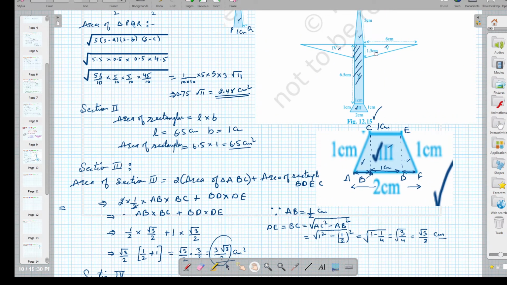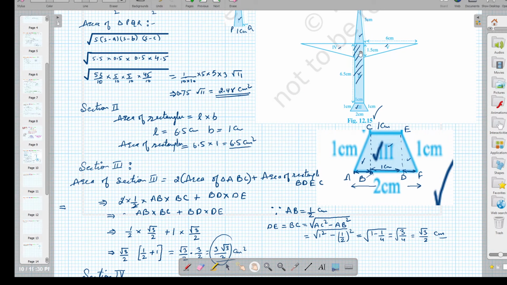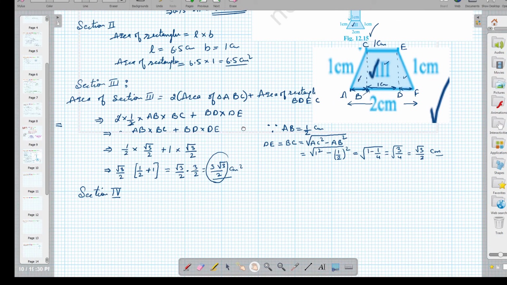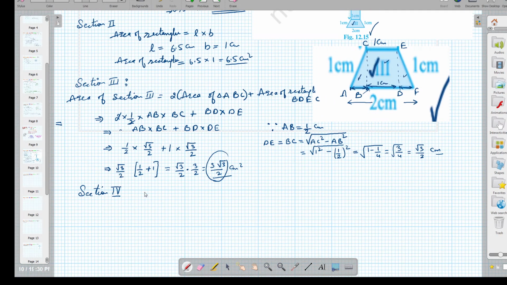This section 4 and this section 5 are equal. So we have the base and the height of the triangle, that is 1.5 and 6. So you can easily calculate the area of the triangle.